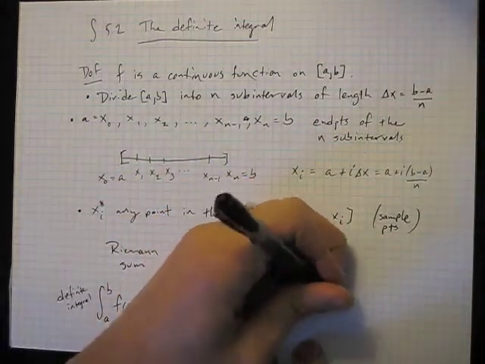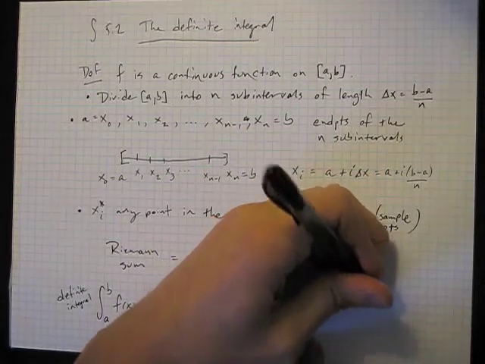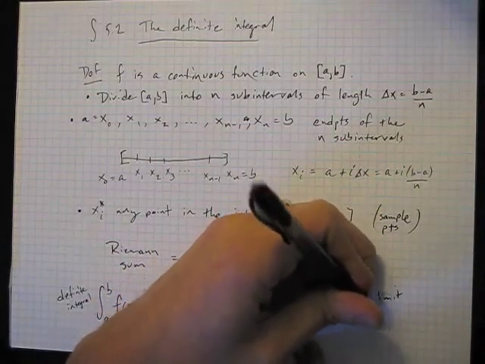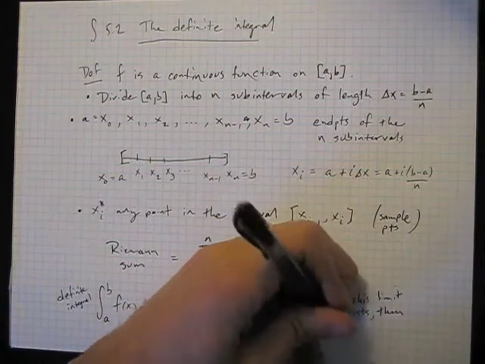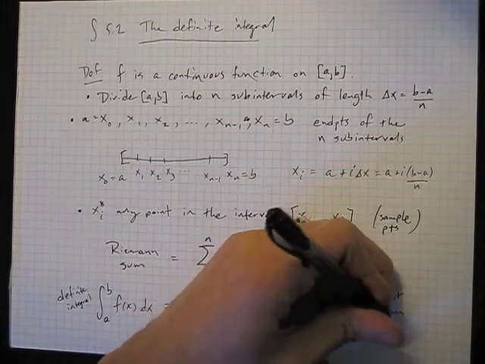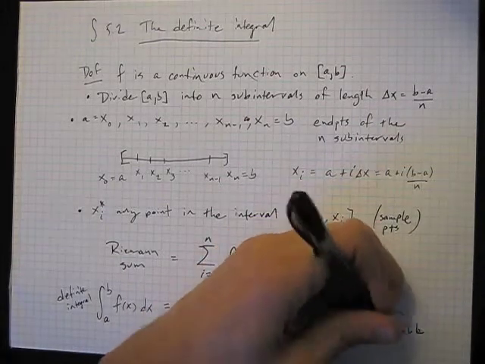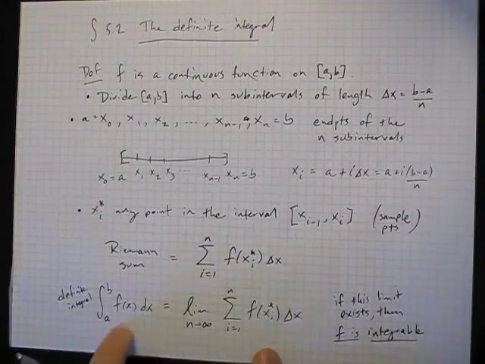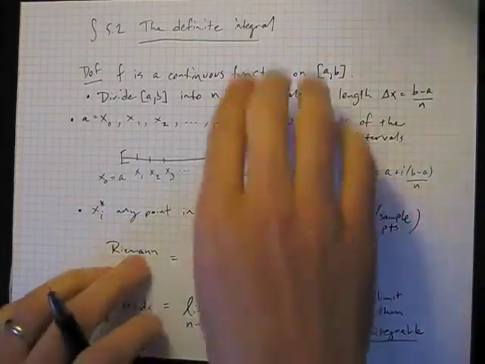If this limit exists, then we say f is integrable. This is the definition of the definite integral.